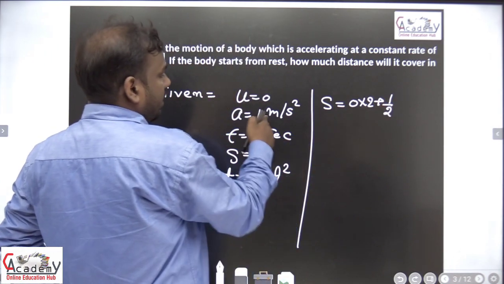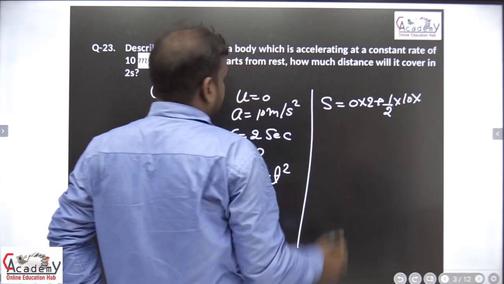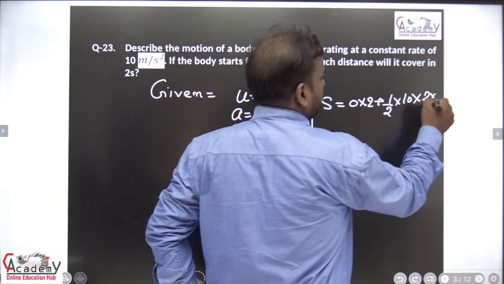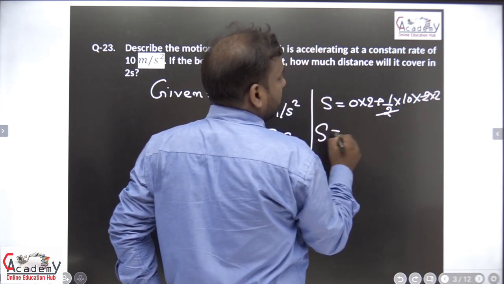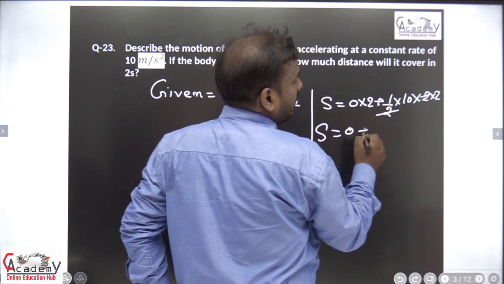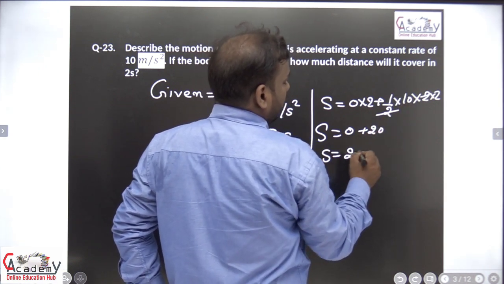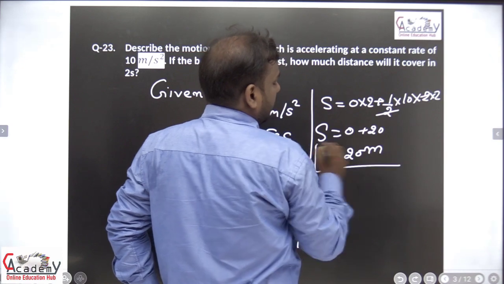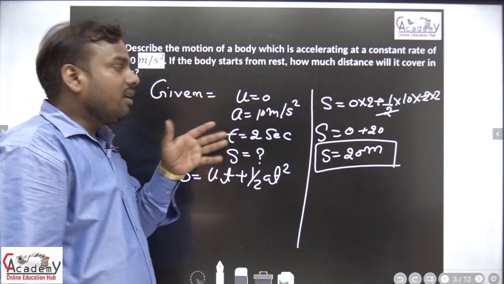What is the acceleration here? 10 meter per second square, and time 2 square means 2 into 2. The half cancels out. So s is equal to 0 plus 10 into 2, that is 20. So we can say that s is equal to 20 meter. Understand? s is equal to 20 meter. Is that clear? Note down.